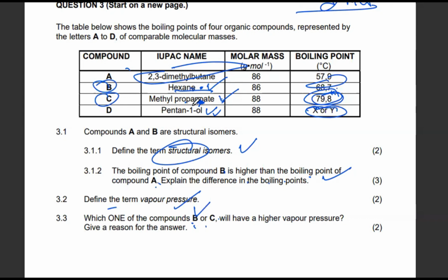It will require more energy to overcome these forces. You understand? So more energy is required to overcome these forces. Hence, its boiling point is going to be a little bit higher.